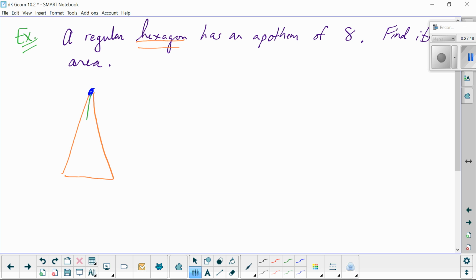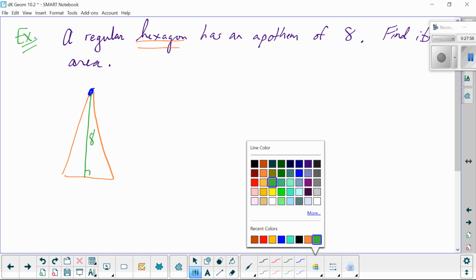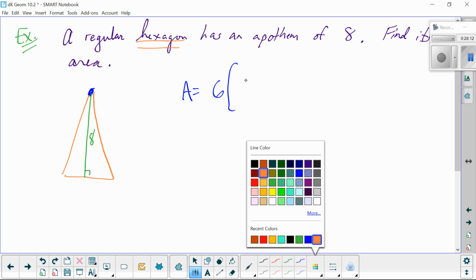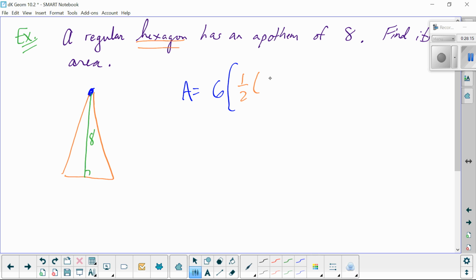And the apothem is essentially the height of this right triangle. No problem. So the area of this regular hexagon is 6 of these triangles, where each triangle is 1/2 times base times height. Height is 8. So all we need to do is find the base of this triangle.